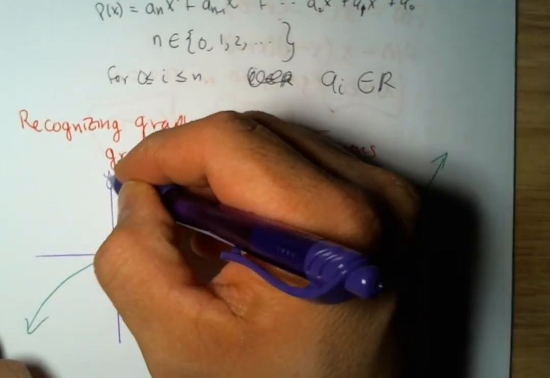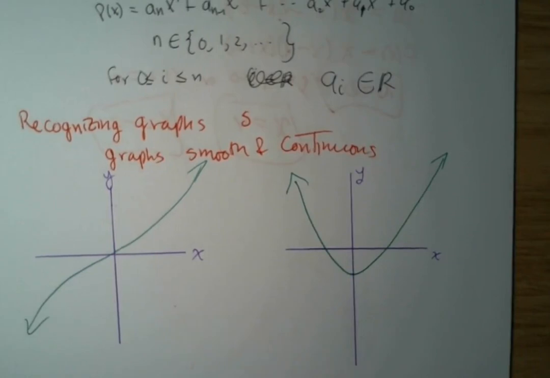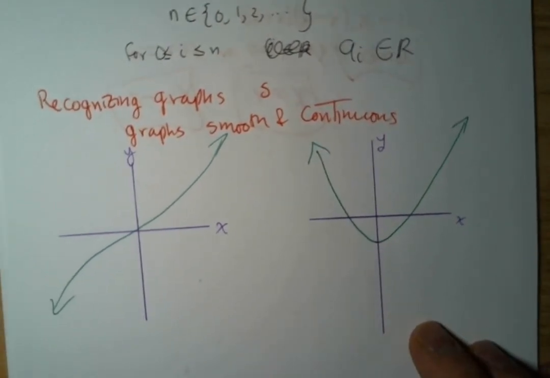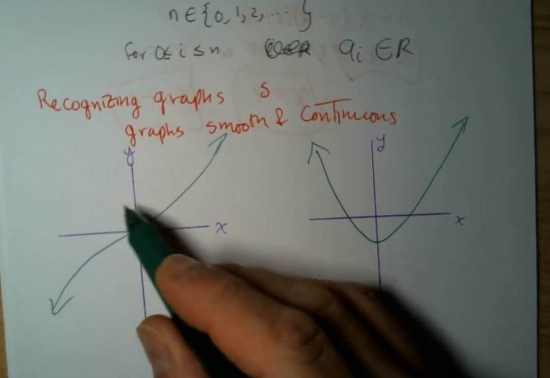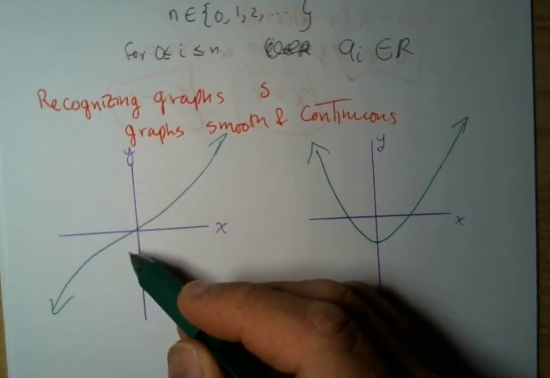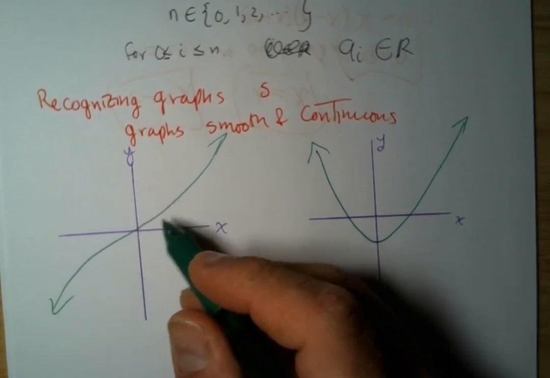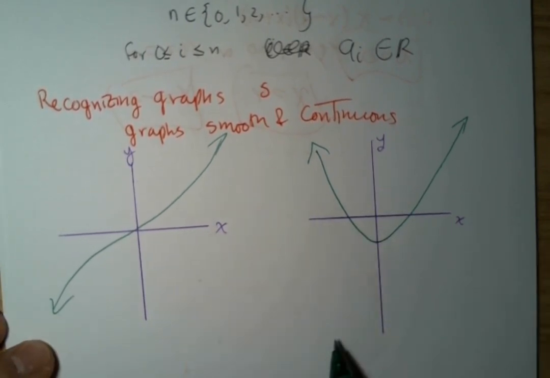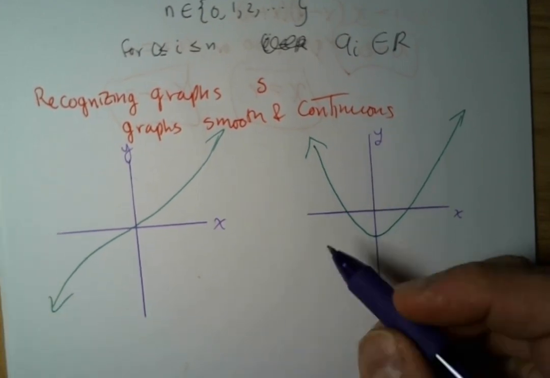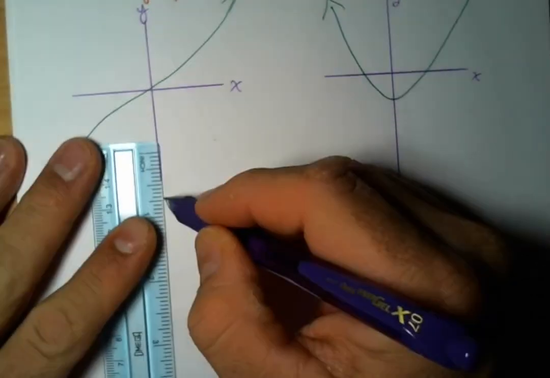I'll label my axes here. In certain instances, and we'll look at when those instances occur, there might be some more interesting behavior in the local sense, and by local I'll use the word near the origin. An example of what that behavior might look like is something like this.